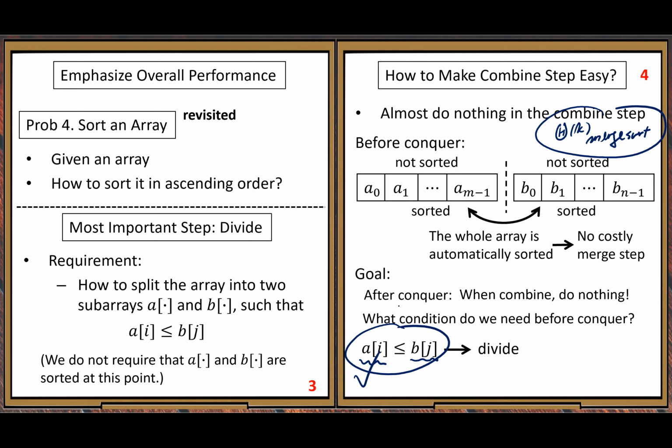In general, the elements in the A subarray are not sorted, and the B subarray is not sorted. But the maximum of A subarray should be less than or equal to the minimum of B subarray. That's the key property we want to have.